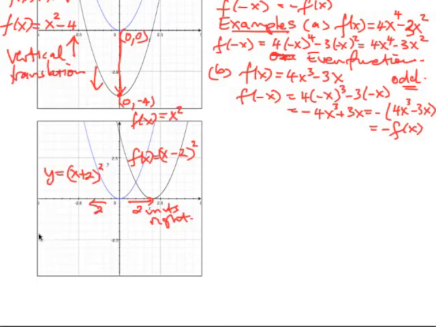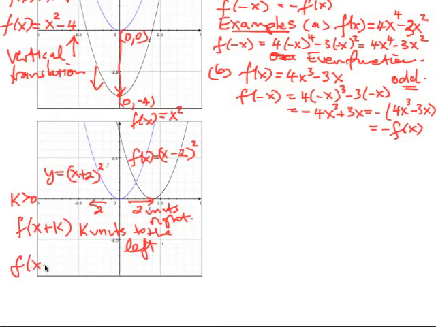So that allows us to generalize that, let's suppose k is positive, if I have f of x plus k, then it is k units to the left. And it's exactly the same curve, it's just translated to the left that many units.